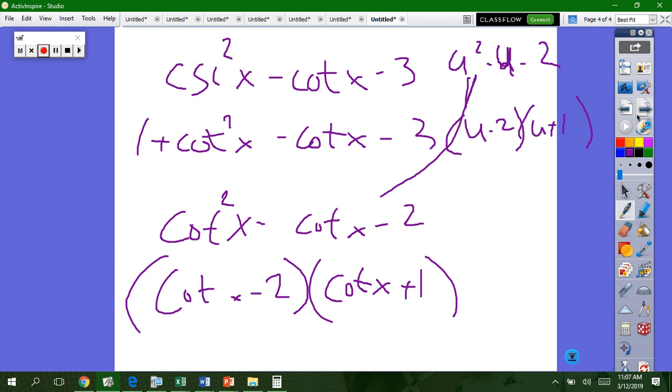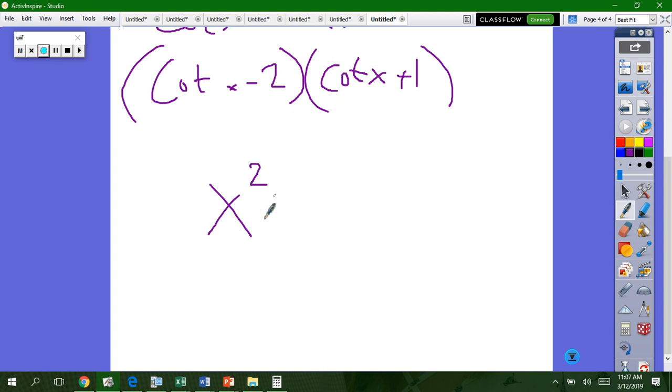Okay, onward! By the way, you might want to know, what's this again? Remember what those are called? Not a perfect square. What's another name for this? Difference of squares. And what do difference of squares factor into?